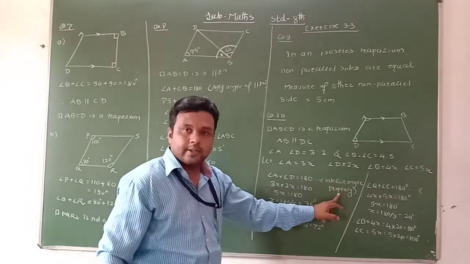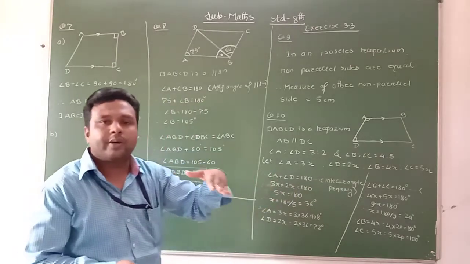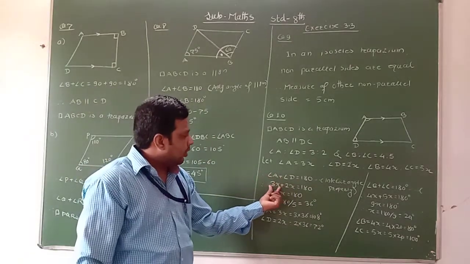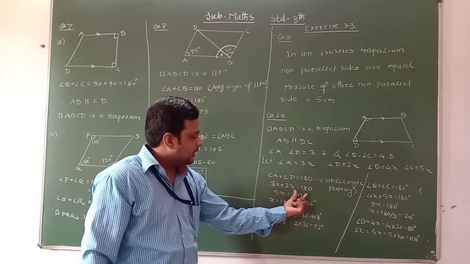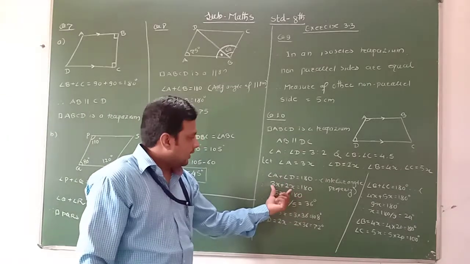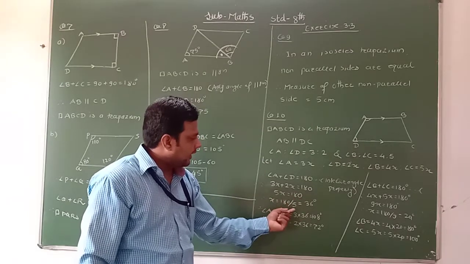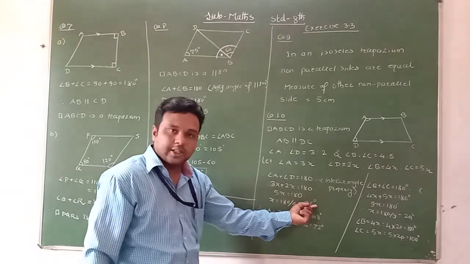Interior angle property: the interior angles formed by the parallel lines are supplementary. Angle A is 3x, angle D is 2x, so 3x plus 2x is equal to 180. Sum that is 5x is equal to 180.